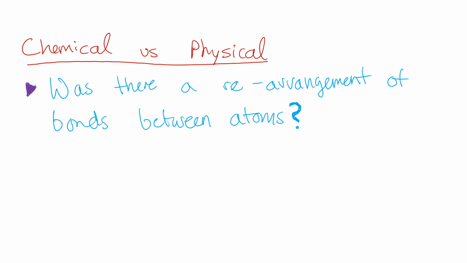Now, frying an egg is not actually the best example. Cooking in general is a chemical reaction. Frying an egg is a more complicated one. It is a chemical reaction, or it is a chemical change. However, it's more difficult to grasp because the main thing you're doing is causing proteins to unfold.